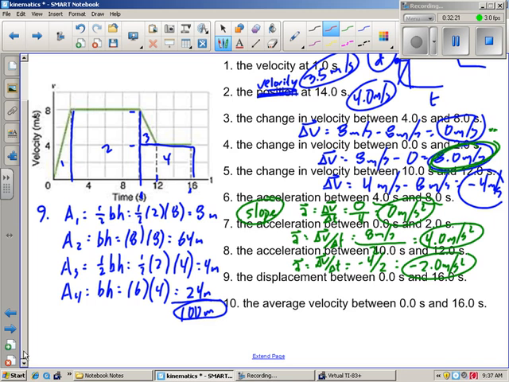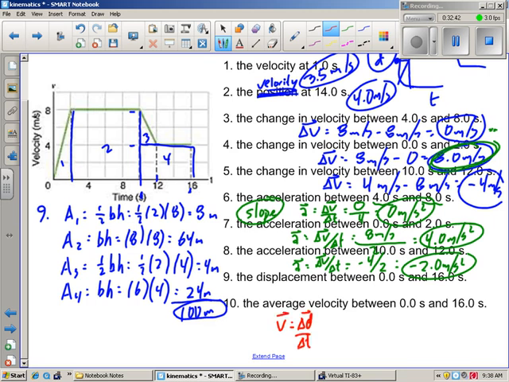What have we always done to this point, and what will we always continue to do to find average velocity? Nope. Not Vf plus Vi divided by 2. Displacement over time. V is equal to delta D over delta T.